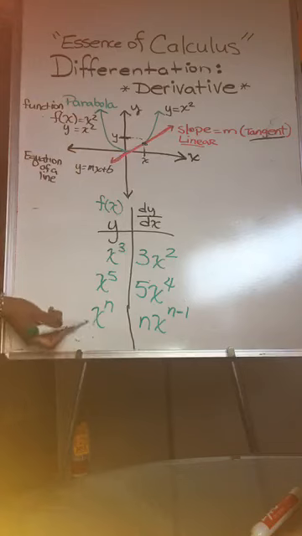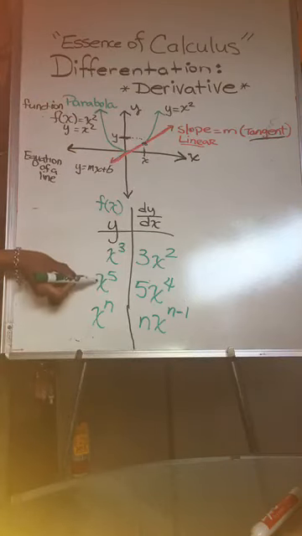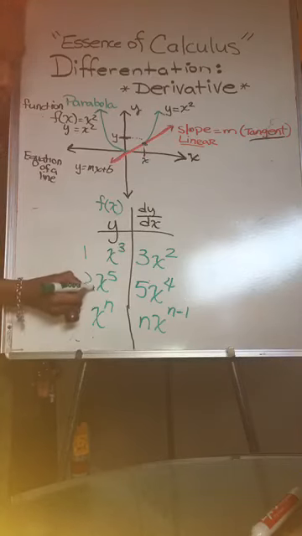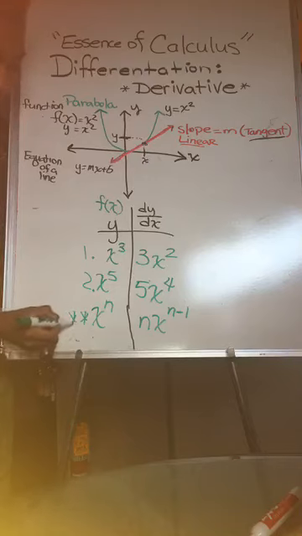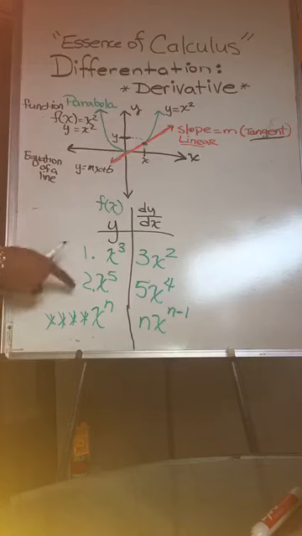So that's how we were able to take the derivative of this function and this function. And this right here is how we differentiate. I know that this may seem difficult, but really, it's really easy.